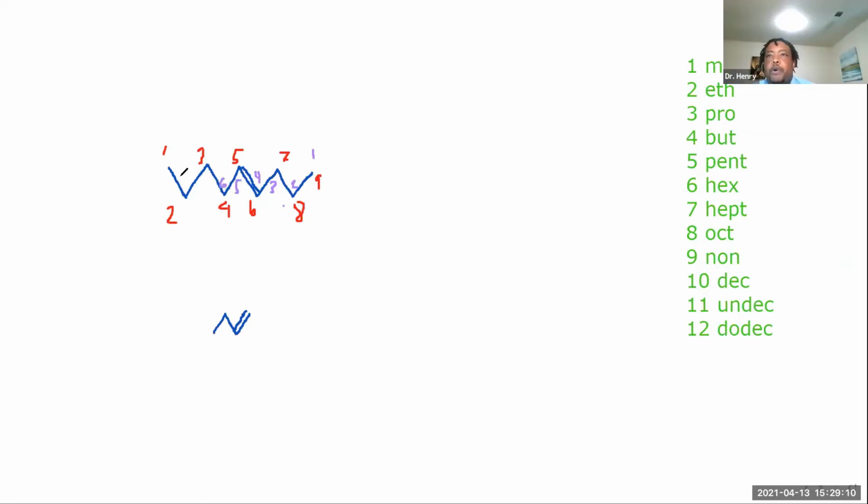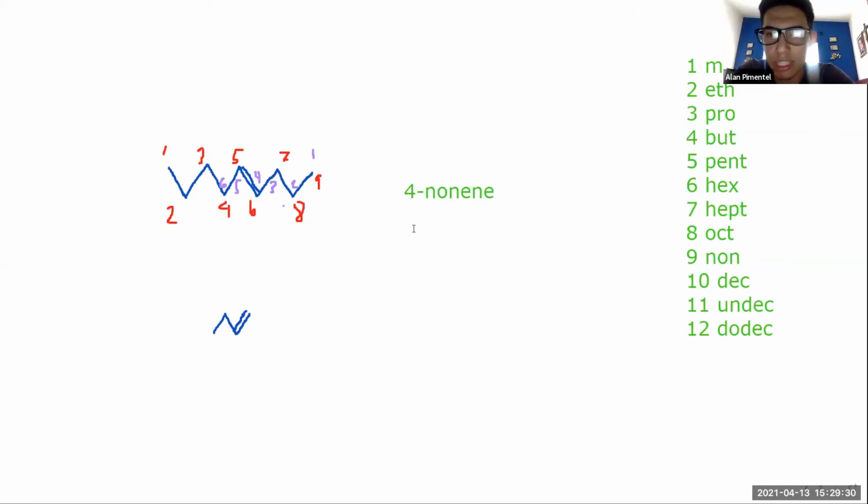Okay, so we know that the purple writing would be the one. So it would be 4-nonene. Once again, 4 means that's where the 2 bonds meet, right? In number 4. That's where the bond will start, on the 4th carbon. Oh, okay. Now I get it. That makes sense.